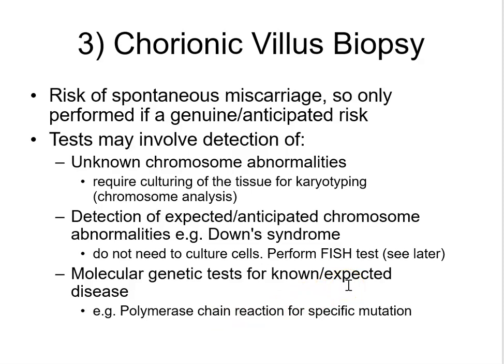This is where the parents are known to be either carriers of a recessive disease such as cystic fibrosis, or one of them is affected with a dominant disease such as Huntington's disease. If we know the parents have these genetic mutations, we can look for those in the fetal DNA. So this is where we primarily use a chorionic villus biopsy.